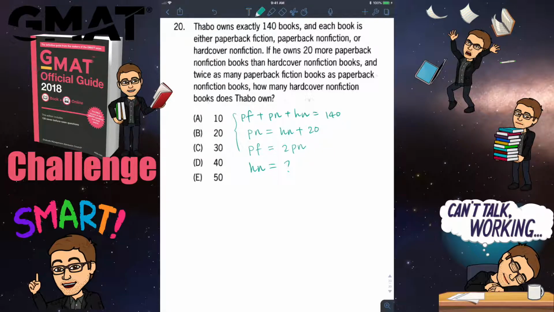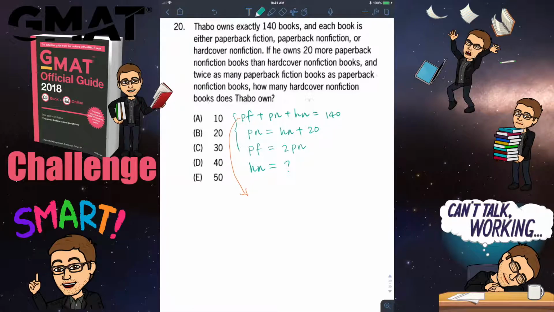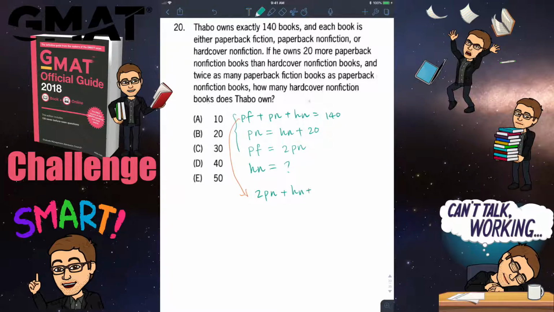So let's rewrite this first equation. PF, according to the third equation, is 2PN plus PN. Replace PN with the second equation, HN plus 20, and then plus HN equals 140.